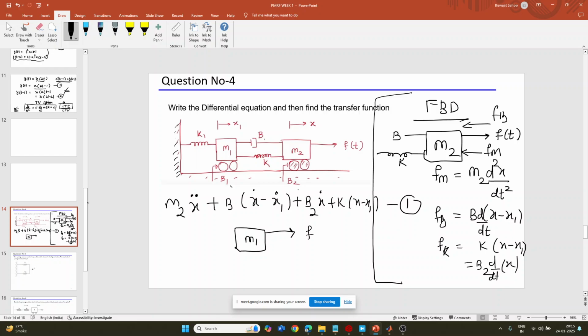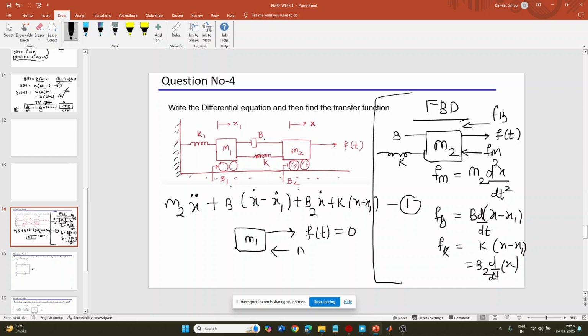No, F of t equals 0; there is no external force. Because m1 is connected to m2, as m2 is displaced by F of t, m1 is also displaced, but there is no external force on it. It is displaced by some distance x1, but there is an opposite force because of its moment of inertia.